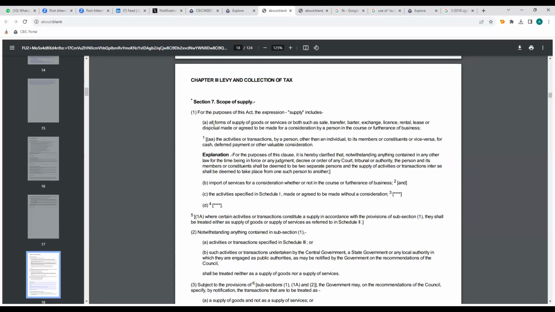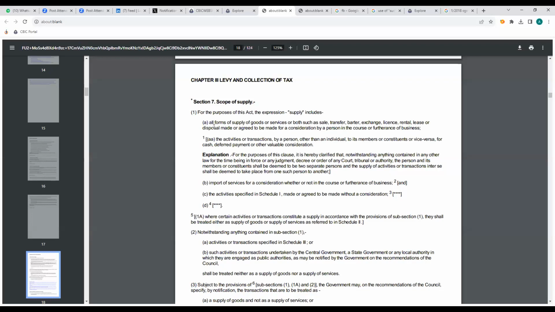All forms of supply of goods or services which are falling within the ambit of sale, transfer, barter, exchange, license, rental, lease or disposal will only be covered, and if any other mode is there which is not covered within this ambit, then it would be outside the scope of supply.